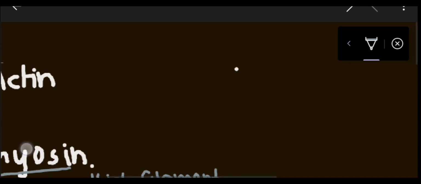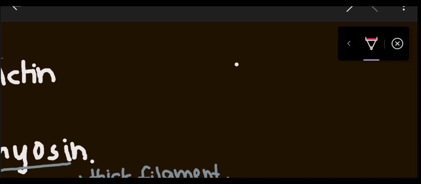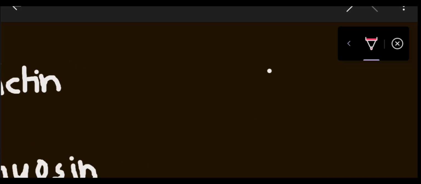Now let's discuss actin protein. First of all, these actin proteins are known as thin filaments.